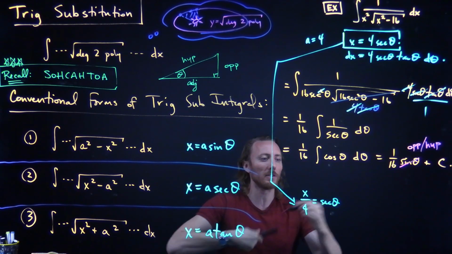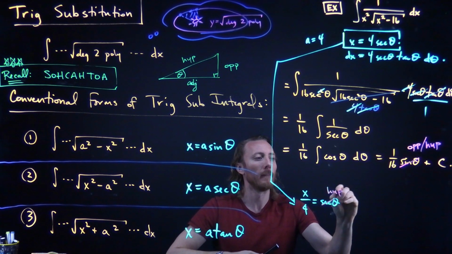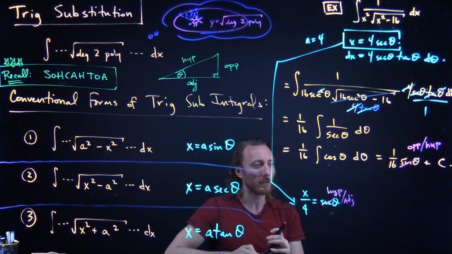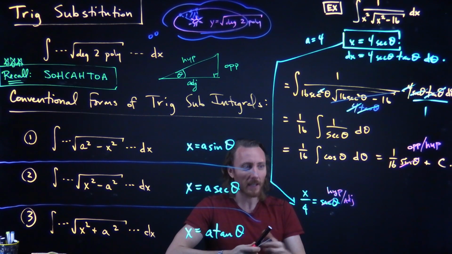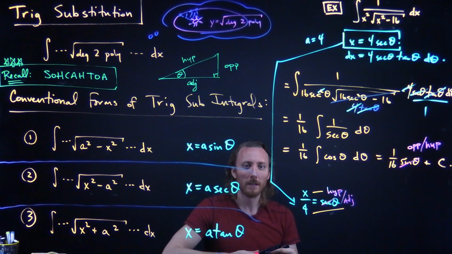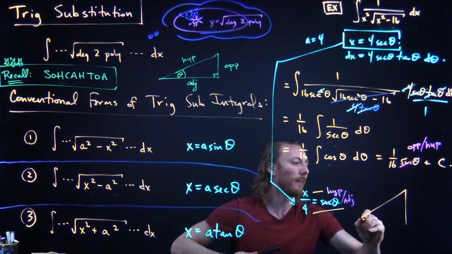So secant is hypotenuse over adjacent, right? If cosine is adjacent over hypotenuse, its reciprocal is hypotenuse over adjacent. But now, make the connection here. Hypotenuse x, adjacent 4. There's a triangle there.